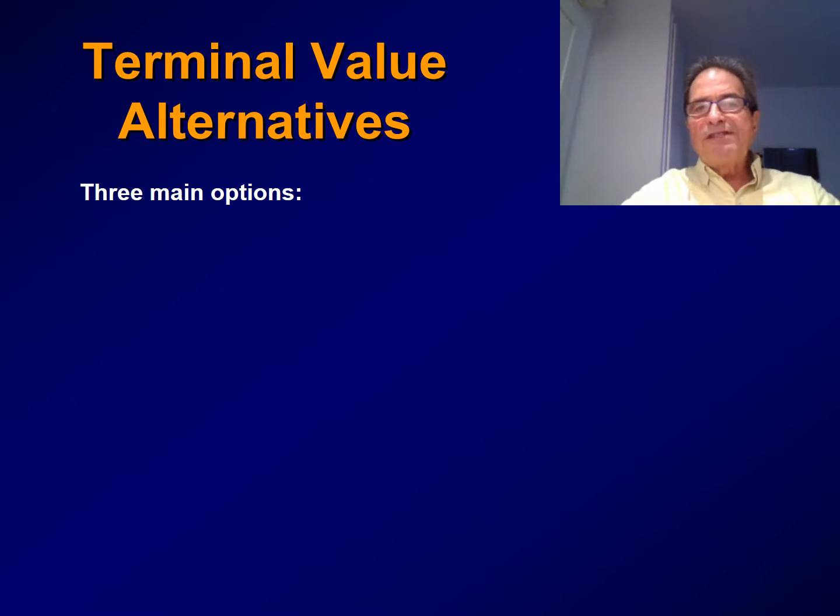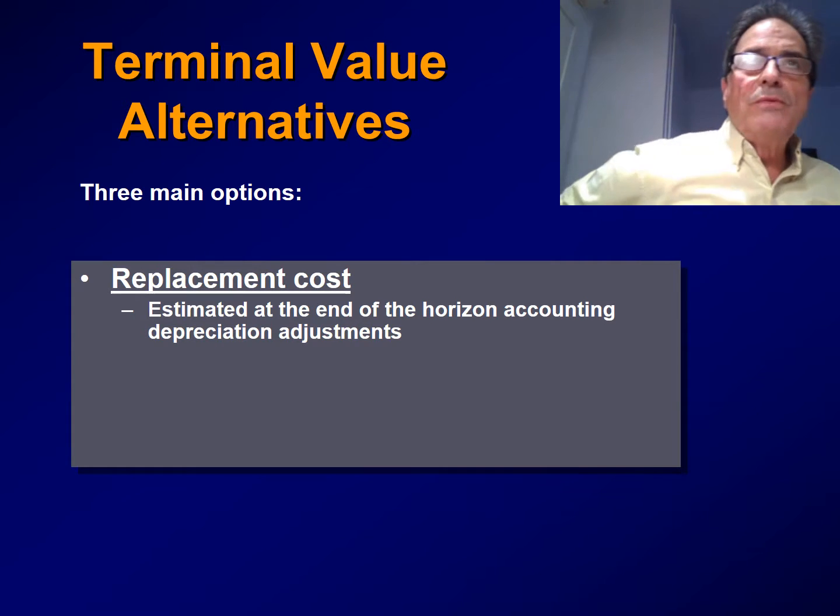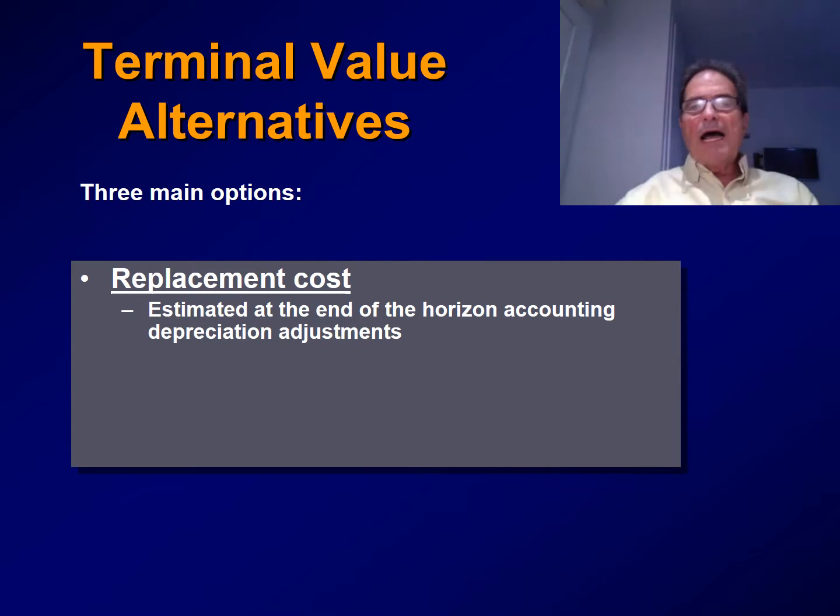At the time of estimating terminal values, we have mainly three possibilities. The first one is to estimate the terminal value as replacement cost. So we estimate how much it would cost to replace the property at the end of the horizon, and then we adjust this value with the depreciation of the property throughout the horizon.